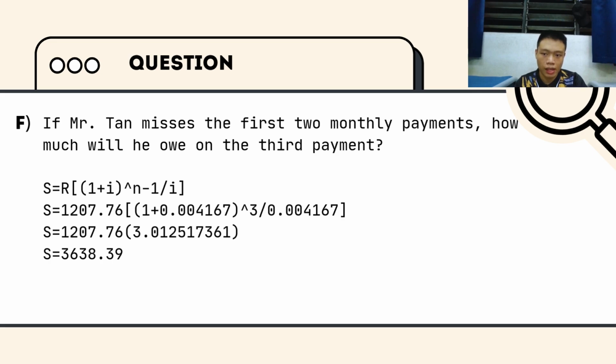So S equal to 1207.76 open bracket 1 plus 0.004167 power of 3 minus 1 over 0.004167 close bracket.